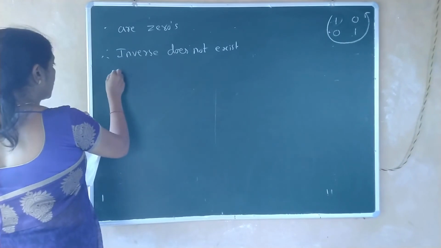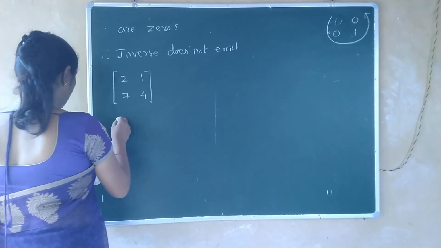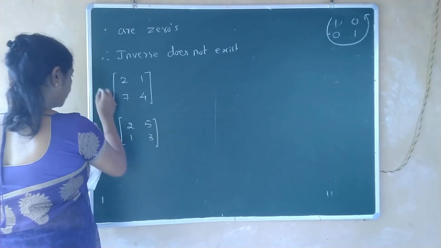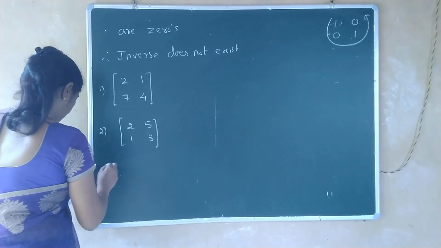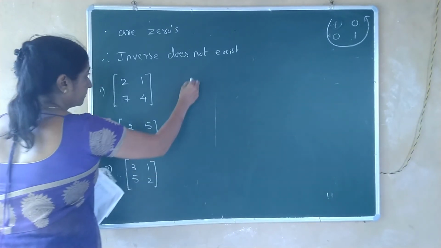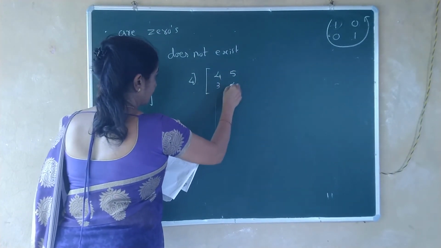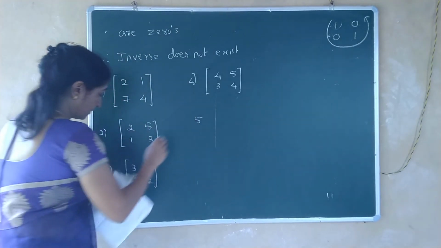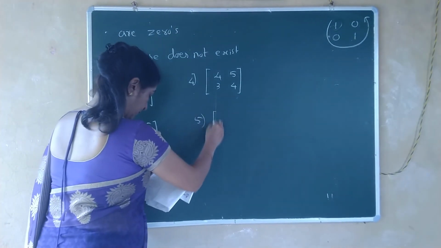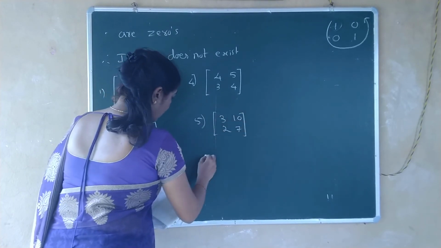So here I am giving you an assignment. Write down that assignment. In each case, if the inverse exists, find the inverse. Write down, these are very important. These many examples I am giving you for your practice.